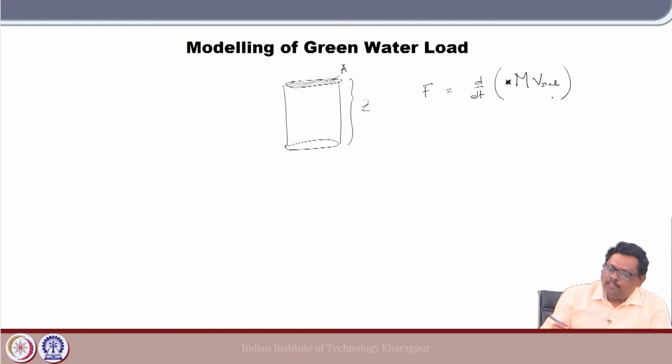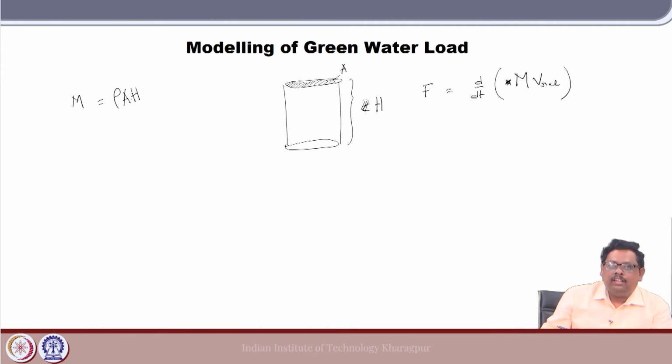How do I get the mass? Because this is a water column, the mass should be equal to the density of the water multiplied by the volume of the water, which is the area into the height. Let us say not z, let us take the height as capital H.